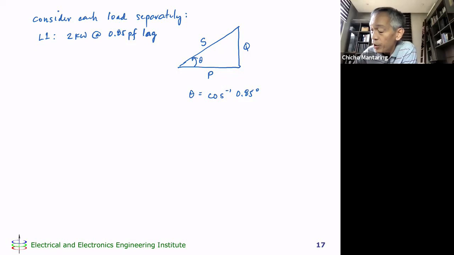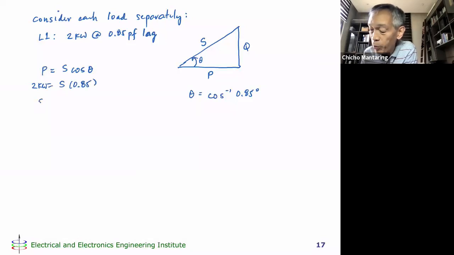Now what is your formula for P? P is equal to S cosine theta. P is equal to S cosine theta. So this is 2 kilowatts. 2 kilowatts is equal to S multiplied by 0.85.